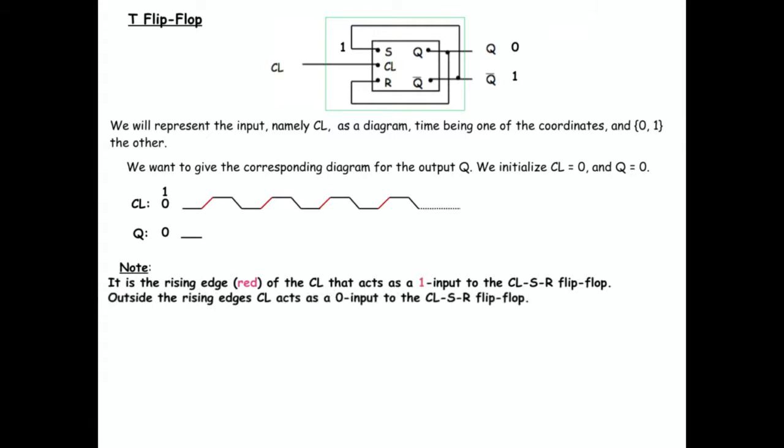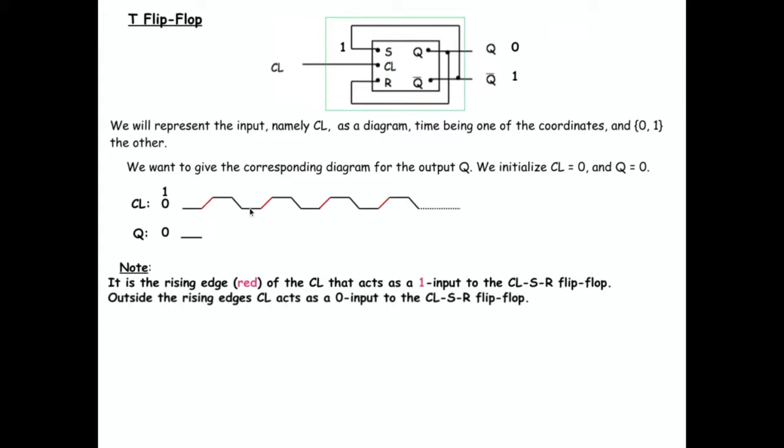So now, outside the rising edges, the clock acts as a 0 input to the clocked SR flip-flop, right? So even though the power state at the top here stays for some time, the impulse only happens during the rising edge.